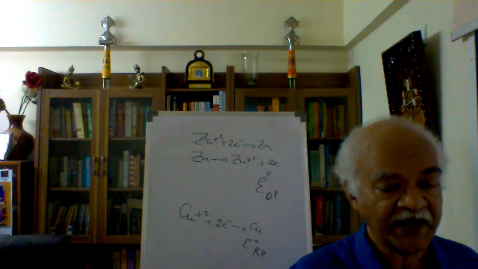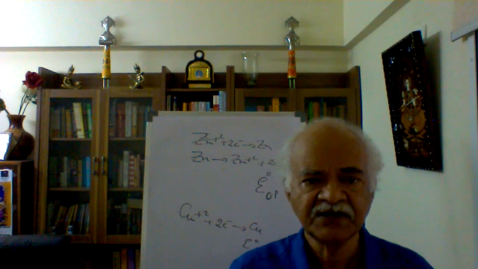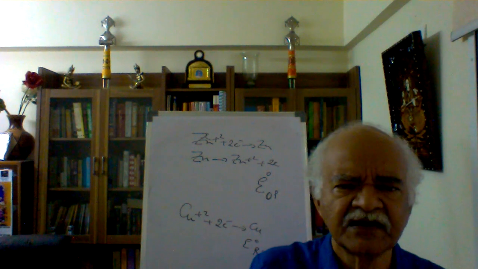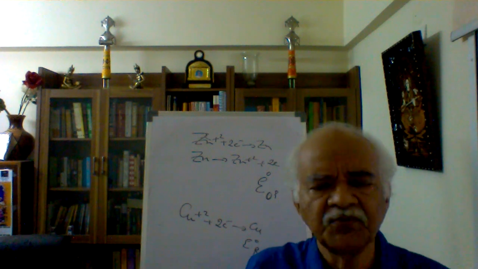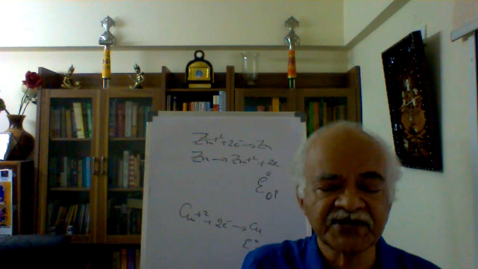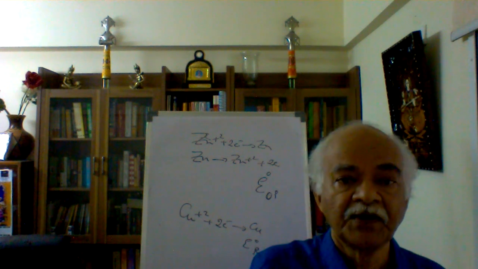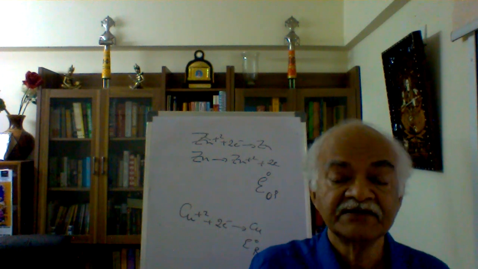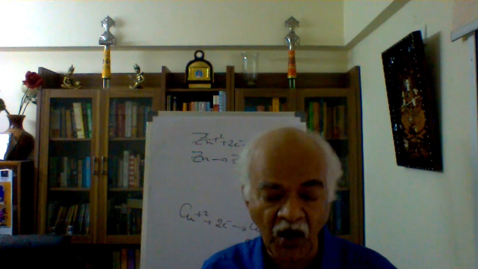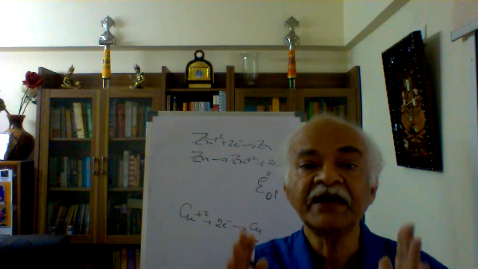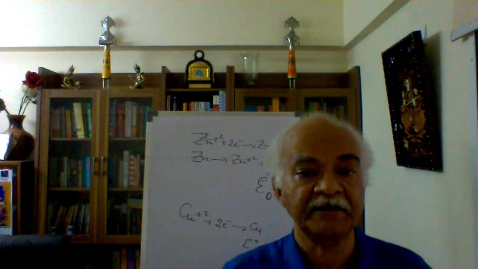Bear that in mind. I repeat, a redox reaction must necessarily constitute two distinctive parts. Both cannot be reduction, both cannot be oxidation. One must be oxidation, other must be reduction, without doubt. But in this particular case, I am emphasizing the data I am going to present to you now will be all half reactions which look like reduction potentials only.